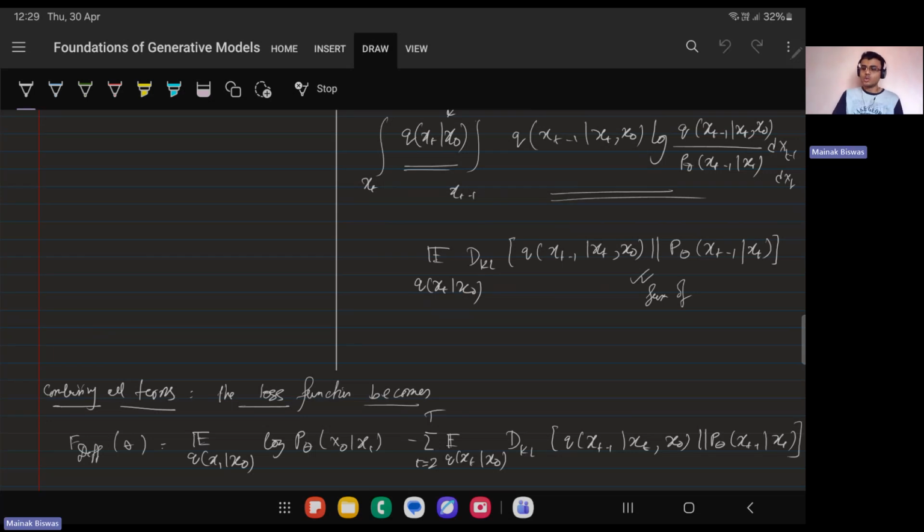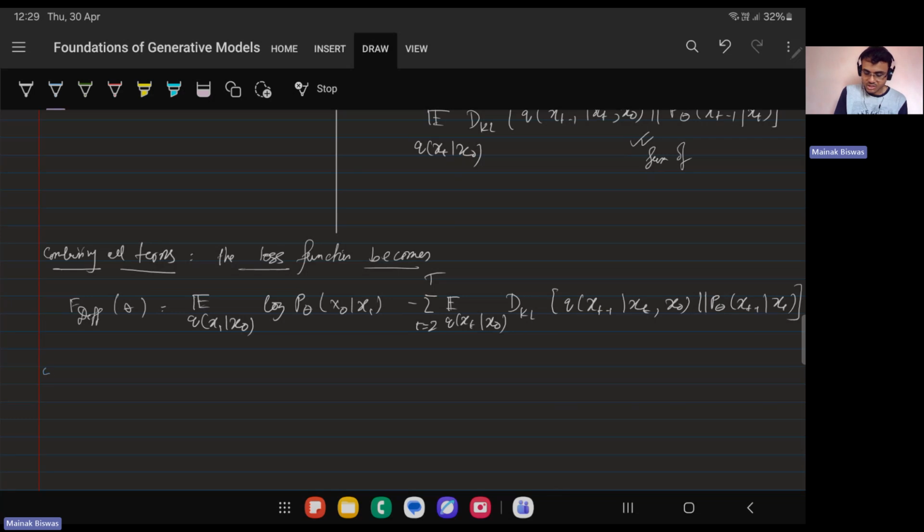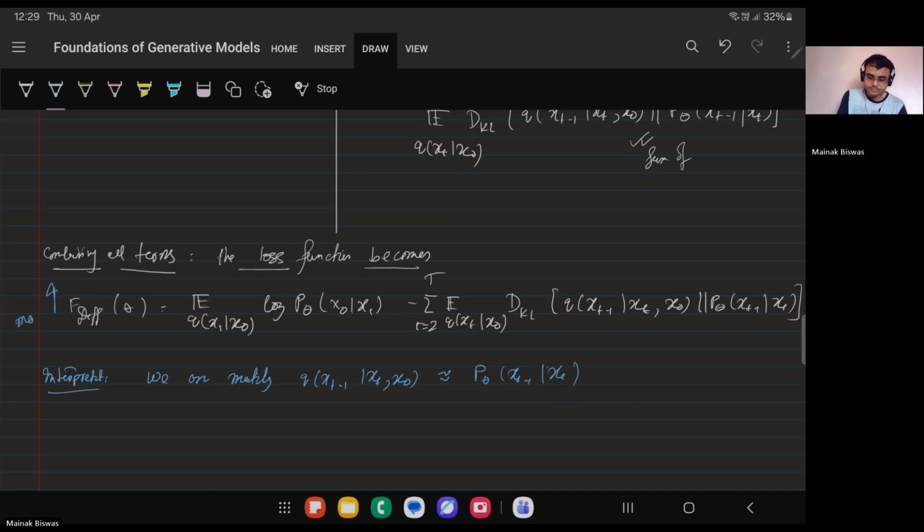So the interpretation is, we are trying to match q of xt minus 1 given xt comma x0 with p theta of xt minus 1 given xt. We are trying to maximize the ELBO, so we are trying to minimize this, or minimize the KL divergence because it's a negative term.